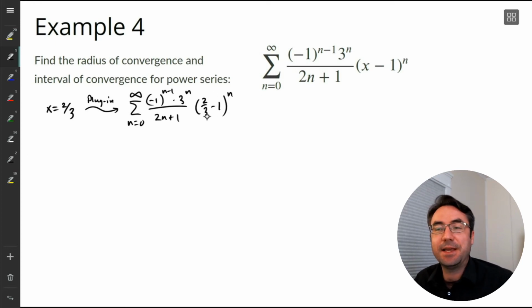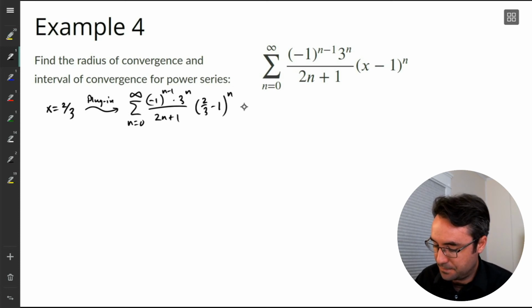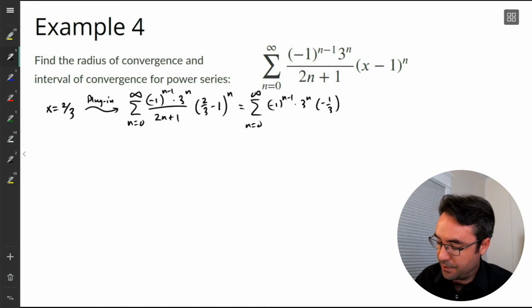Now this is going to be -1/3. So we're going to have this -1 to the n minus 1 times 3 to the n, and then we're going to have -1/3 raised to the n. And this is all over our 2n plus 1.